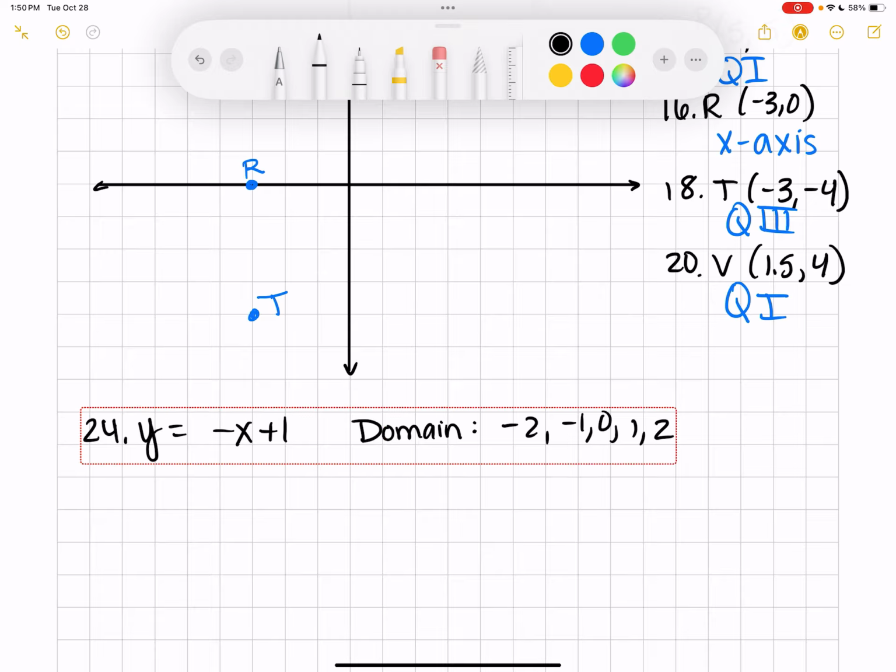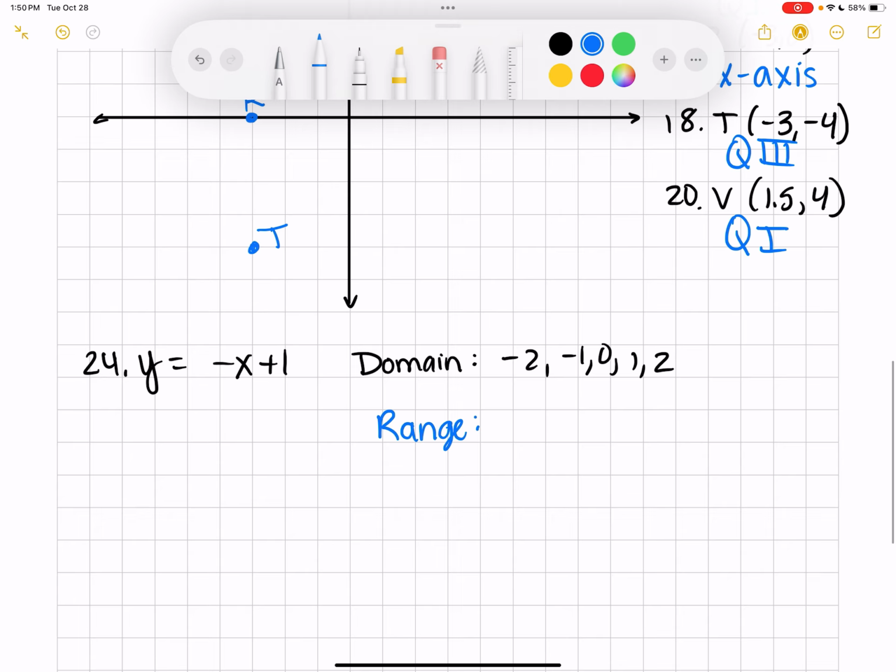So the domain values are x values. So if I want to find the range, what values am I solving for? Y. So I'm finding the range for these given domain values. That means I need to plug in each of these numbers for x and solve for y.